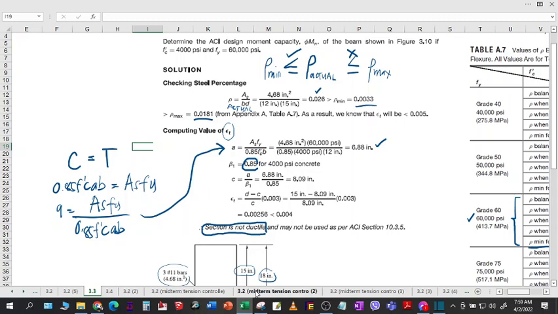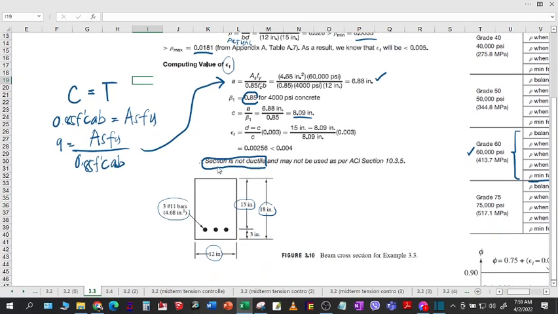But anyway, for 4,000 psi, the rest of the formula will be 0, so it will still be 0.85. So calculating for c, we get a over beta 1. So your c is 8.09.